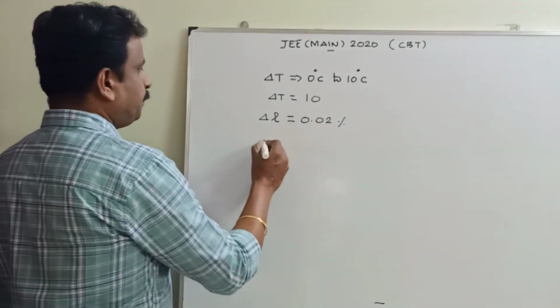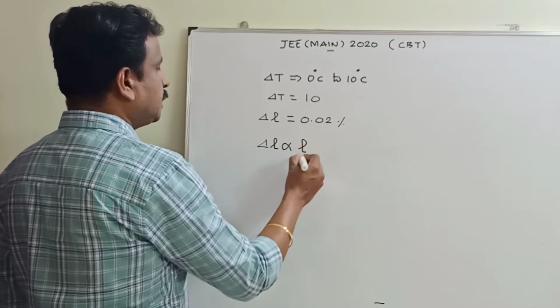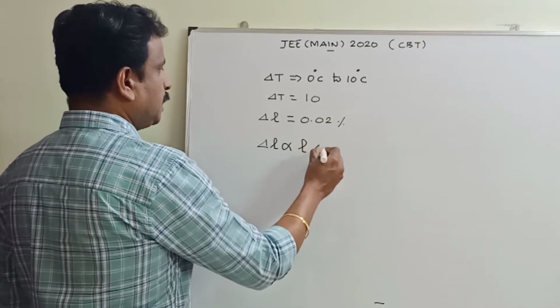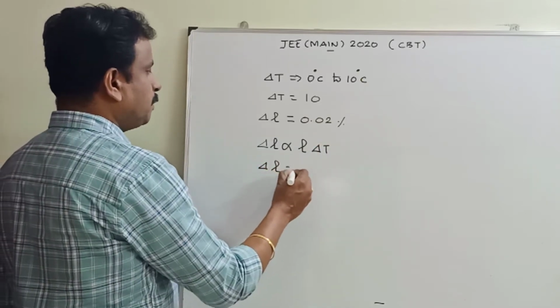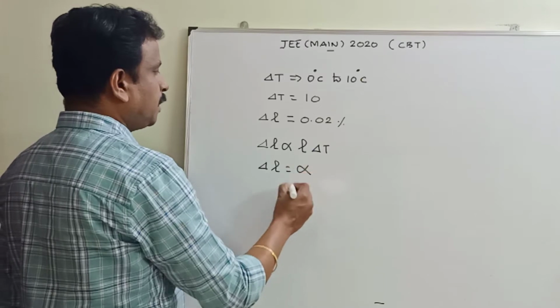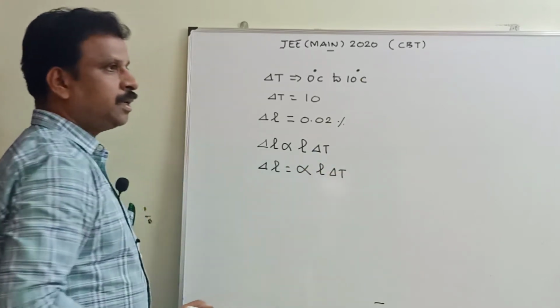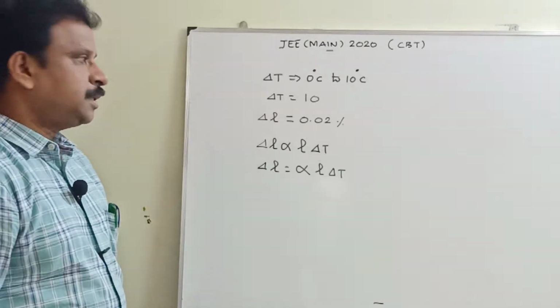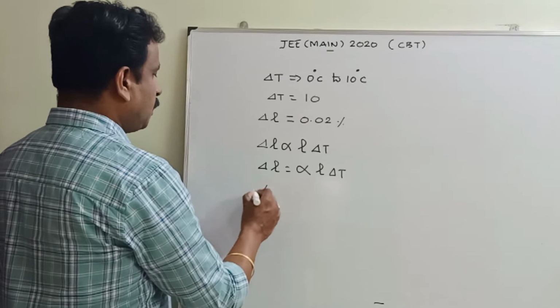We know very well the change in length is directly proportional to the original length and directly proportional to the change in temperature. So, delta L is equal to alpha L delta T, where alpha is the temperature coefficient of linear expansion. Therefore, first of all let me find out alpha.